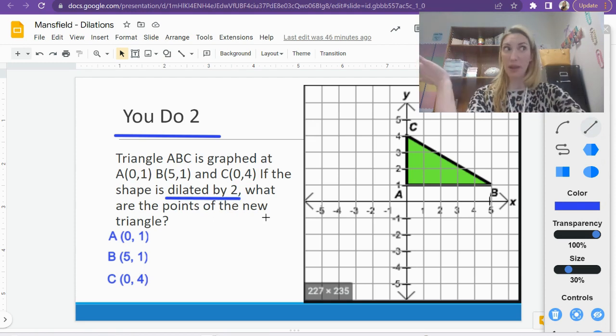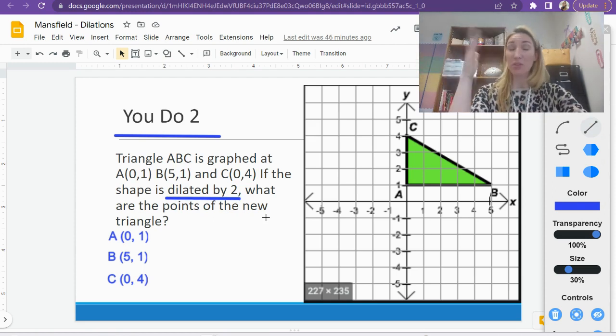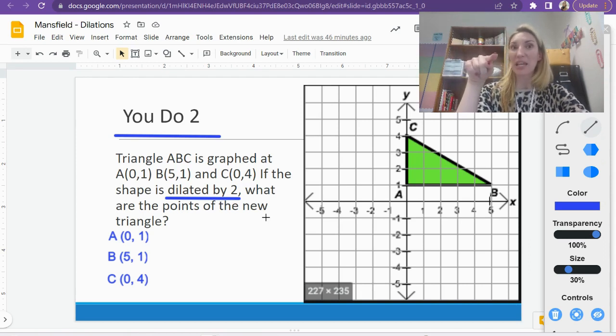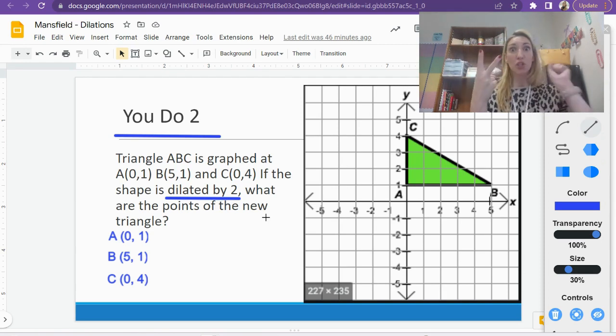Guys, we're not multiplying by 5 anymore, right? 5 was the old problem. This is a new problem. Now it's being dilated by a scale factor of 2. So now you are going to multiply all these numbers by how much? You can do it on your own. I have faith in you.